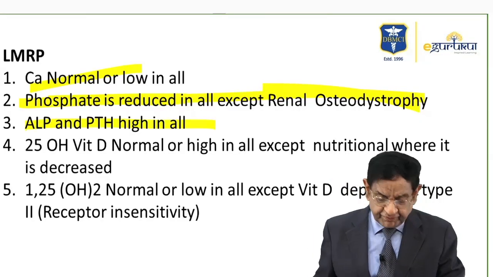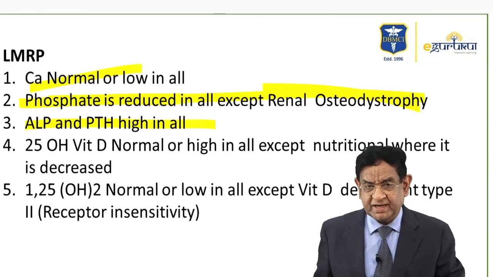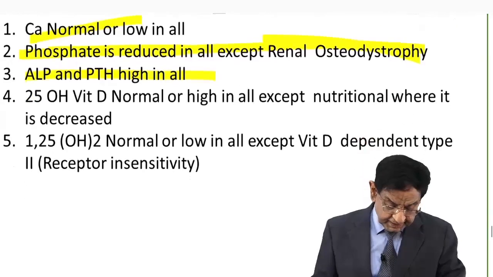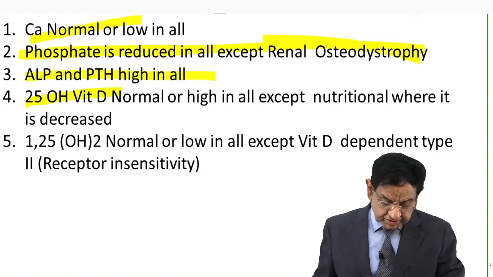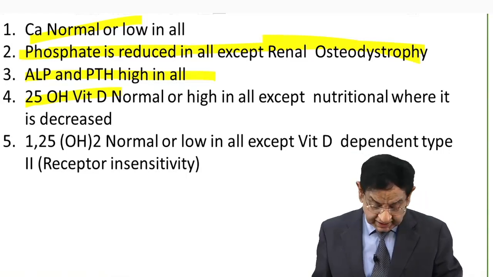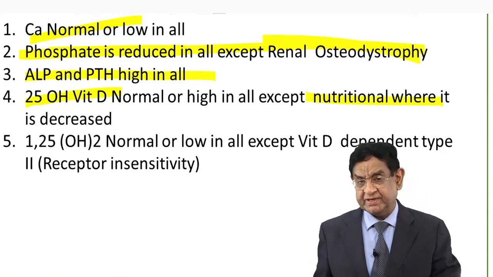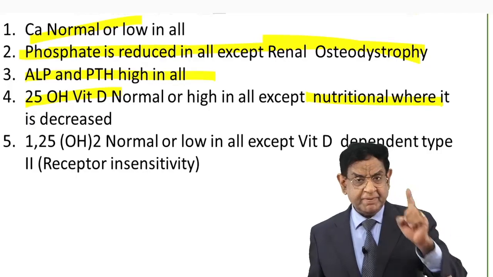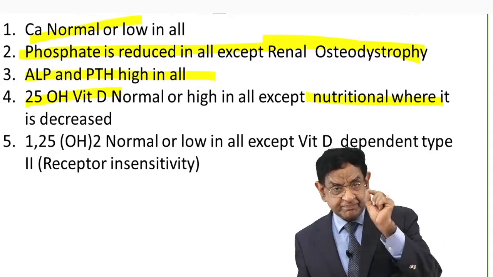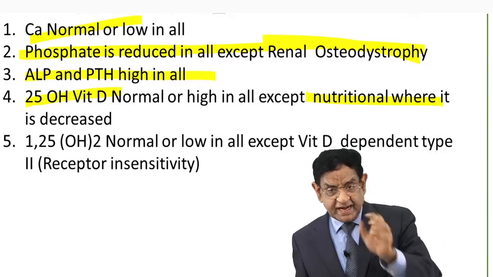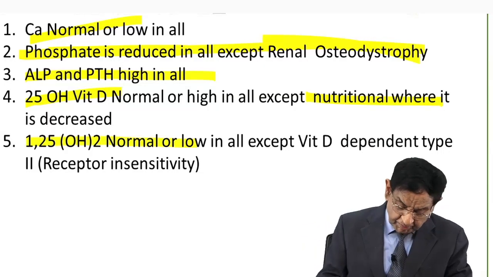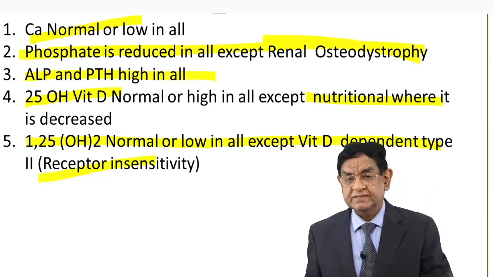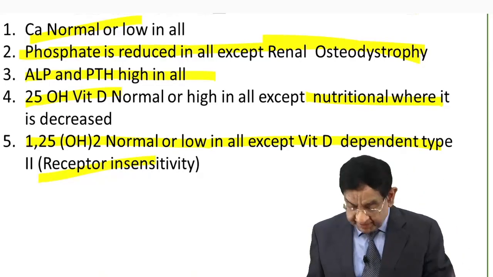ALP, alkaline phosphatase, and PTH levels are usually high in all. 25 hydroxy vitamin D level is normal or high except in the nutritional variety. Remember, 25 hydroxy is what is being made in the liver. That is normal except in the nutritional type. And 1,25 is normal or low except in vitamin D dependent rickets, where it is insensitive to vitamin D.